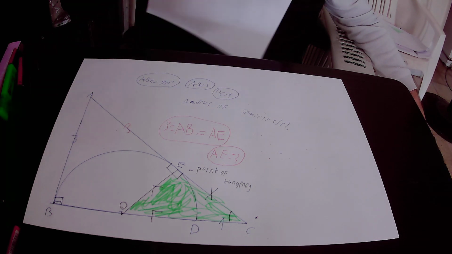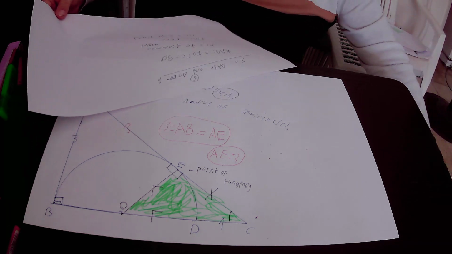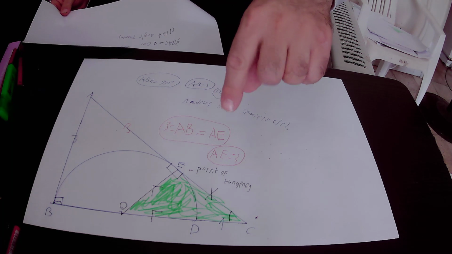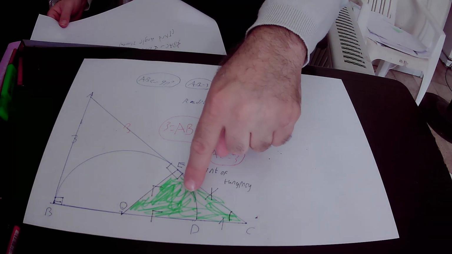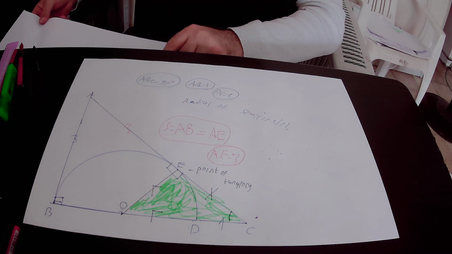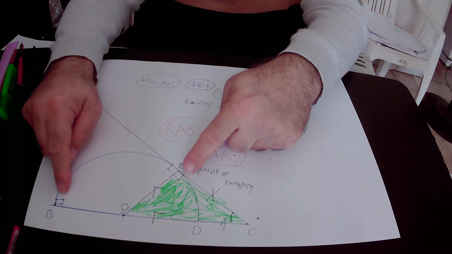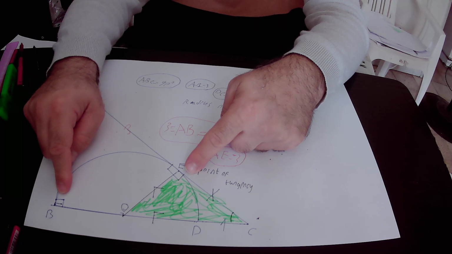then we focus on the right big triangle, triangle ABC, and on the right small green triangle, triangle OEC. On those two triangles, we have those two angles that are equal to each other. They are right angles.